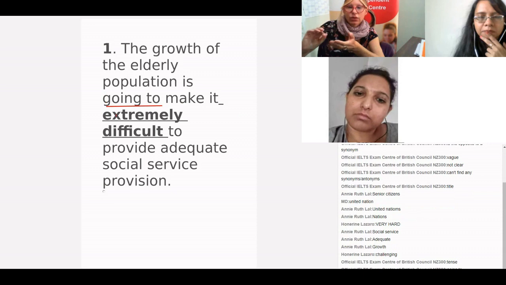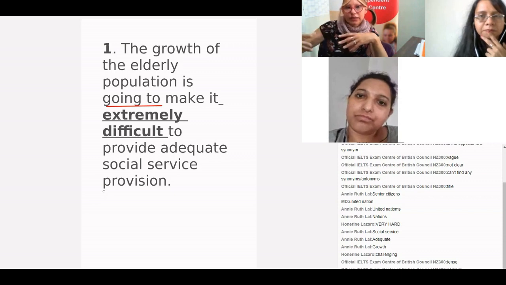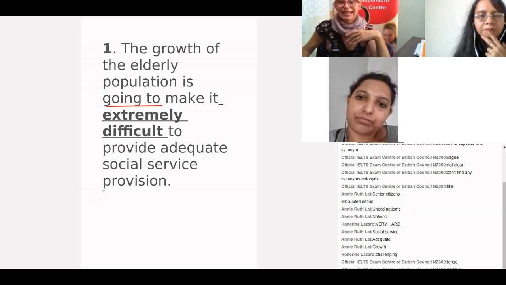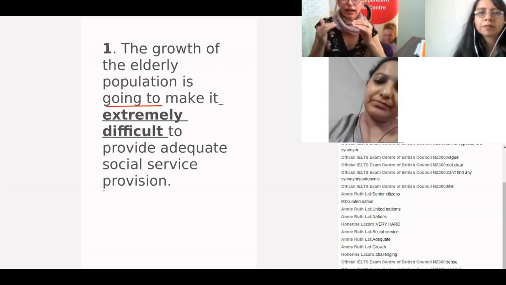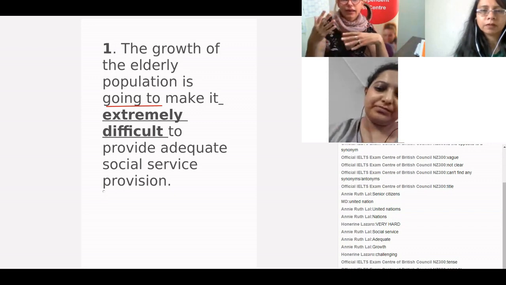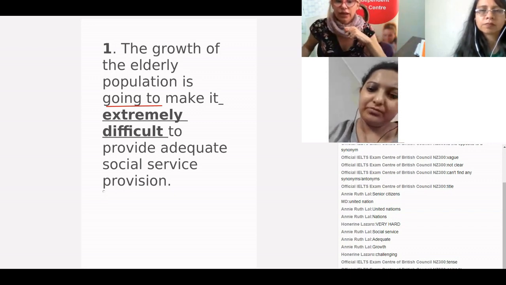The growth is going to make it extremely difficult. Not that it is difficult now, but it's going to in the future. So this is why it's important to also look at the tenses so that we are not quickly finding an answer that talks about now or in the past, but rather in the future. So this is what we're looking for.